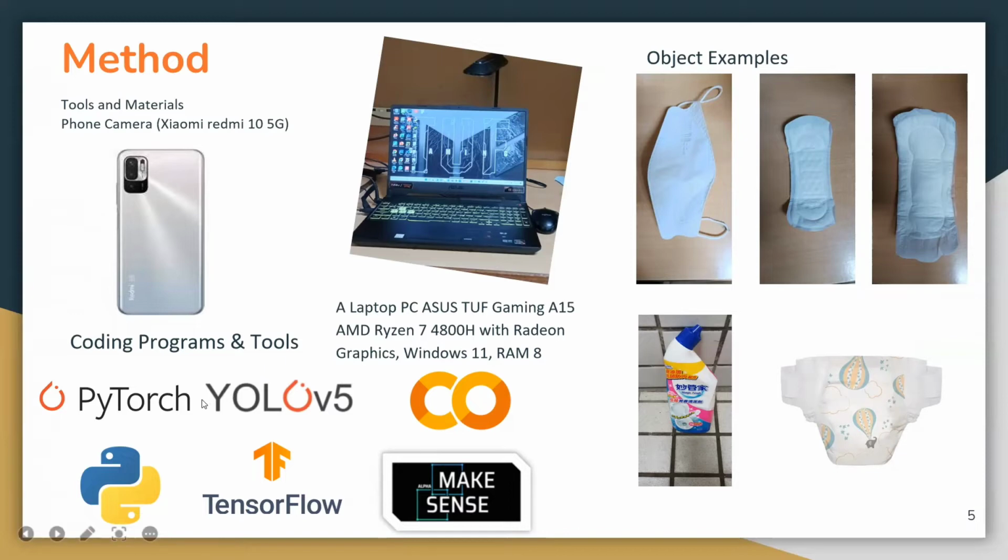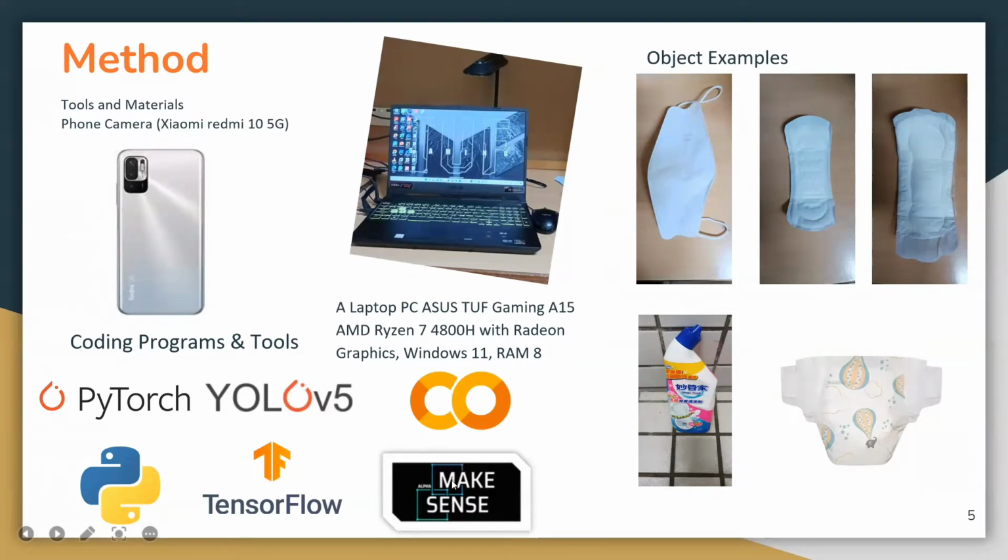And then we use the programs PyTorch and YOLOv5, Google Colab, because we run our model on Google Colab, and TensorFlow and also Python. We use some code and some libraries from these programs.